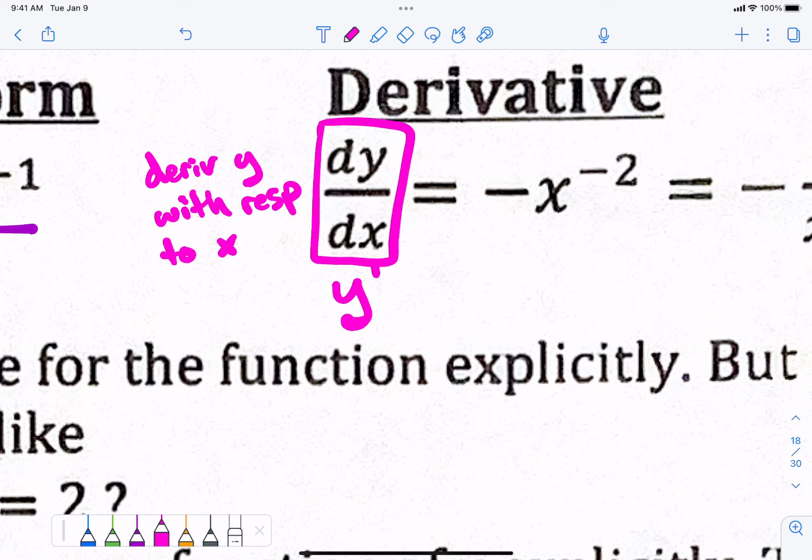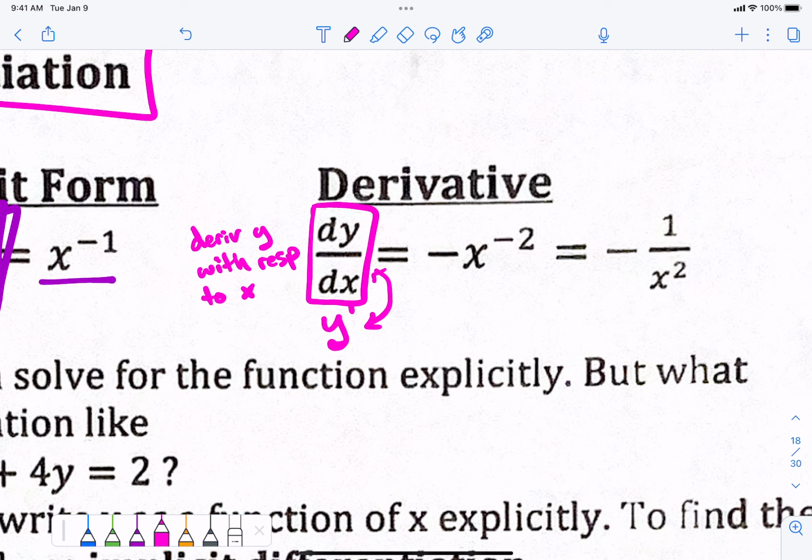So we're saying the variable that we're taking the derivative of is x. When we do y, it's dy dx, or y prime. These two are interchangeable. They mean the same thing. If I put d of x over d of y, would that be the derivative of x with respect to y?